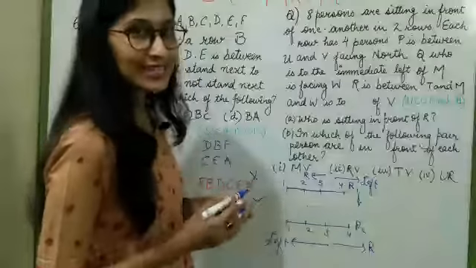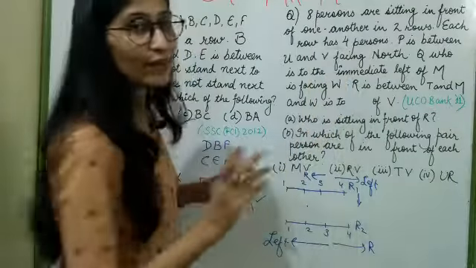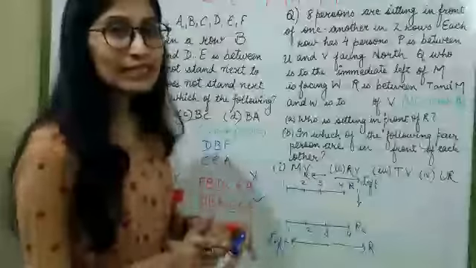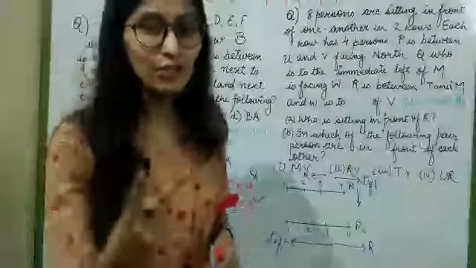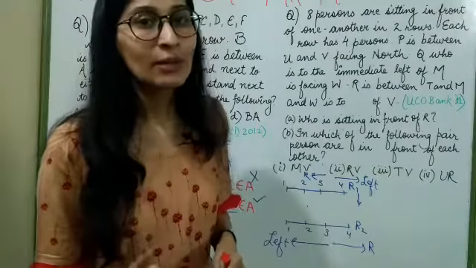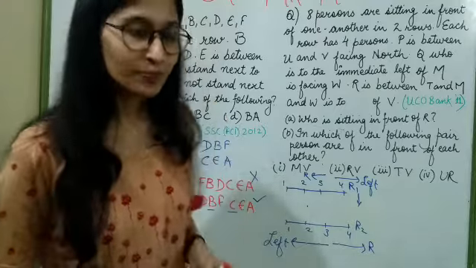Okay, now let's start solving the question. P is between U and V and facing north. So it is clear that P, U and V will be the persons sitting in row 2.